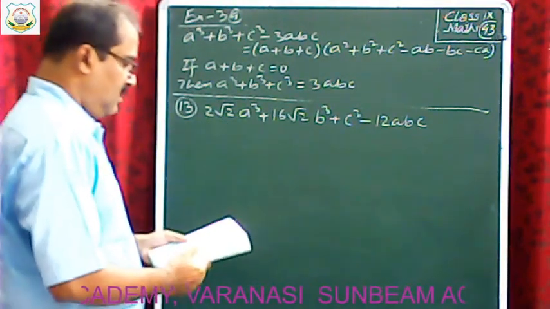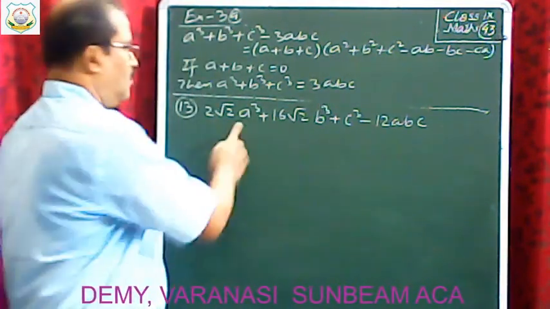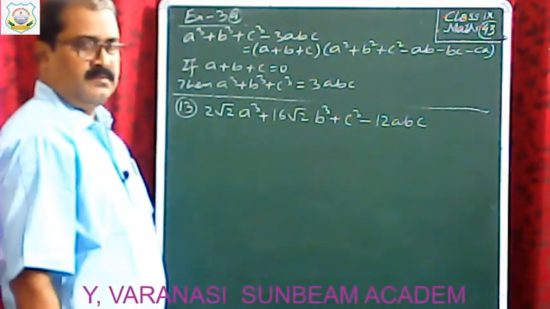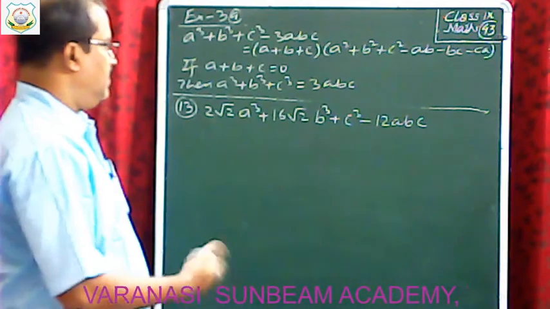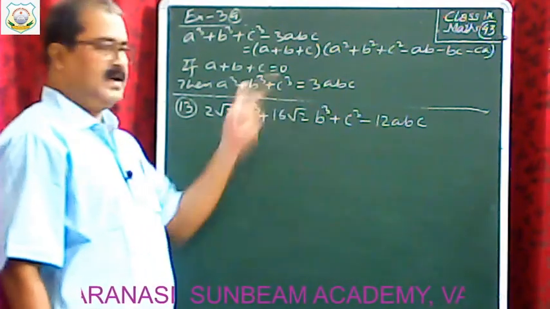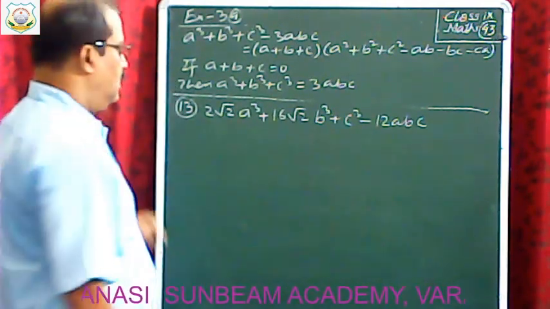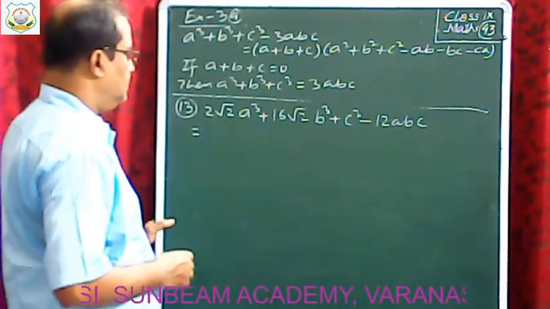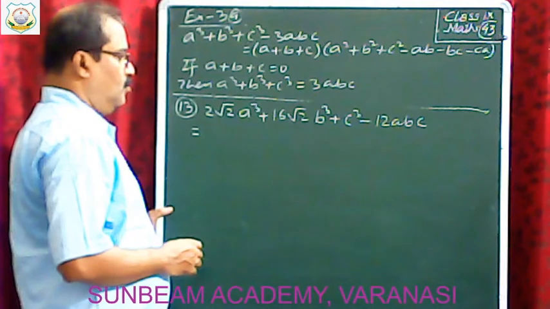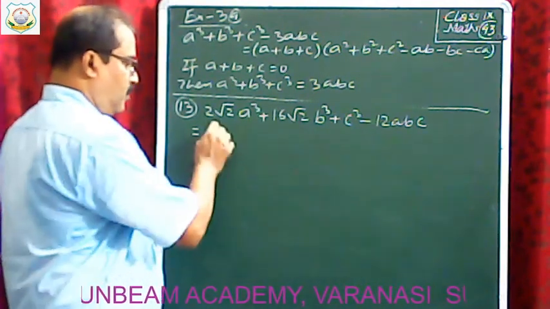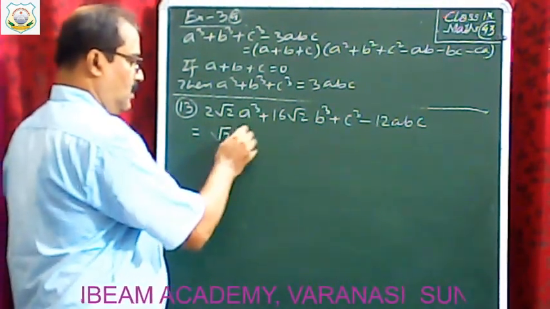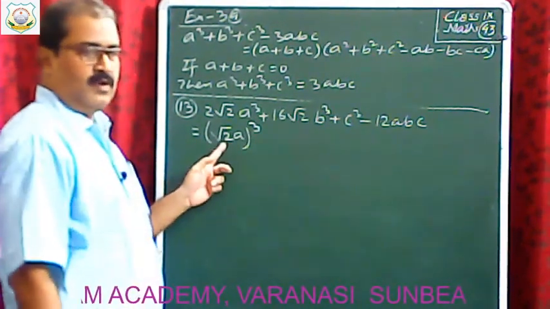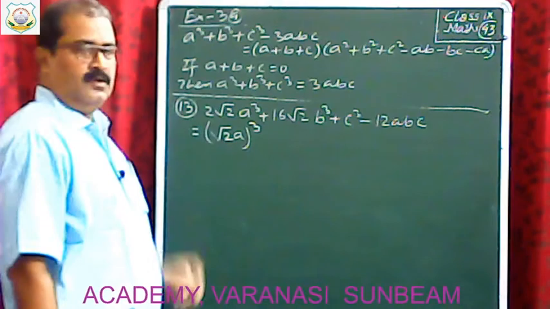So how many terms are there? Count: 1, 2, 3, 4 terms are there. Three are perfect cube terms. Then it may be of the form a cube plus b cube plus c cube minus 3abc. So accordingly we have to rearrange. 2 root 2 is the cube of square root 2, so root 2 a whole cube, root 2 into root 2 into root 2 again gives 2 root 2.